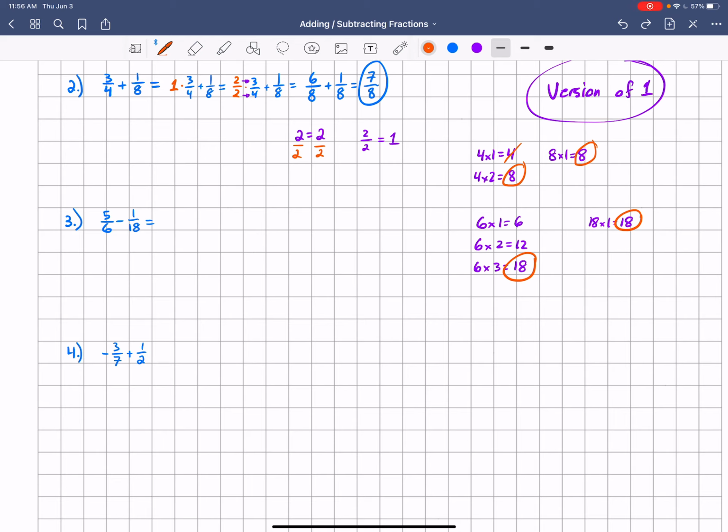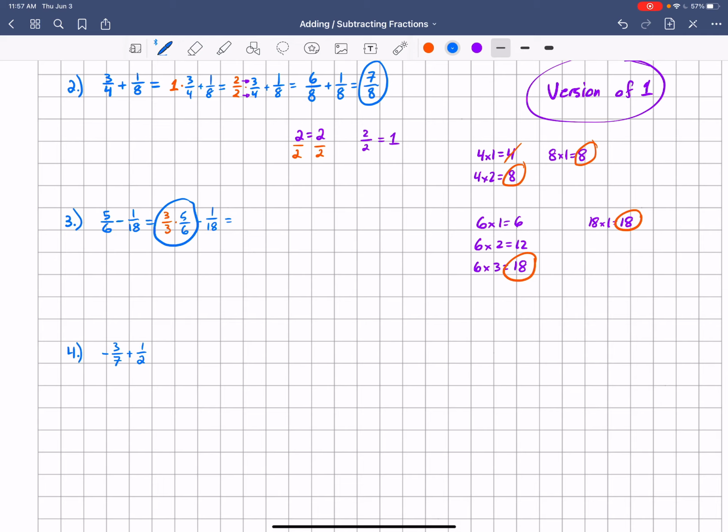And we're going to right away just write 3 divided by 3 times 5/6 minus. Now, since the common denominator is 18, and this fraction already has an 18 in the denominator, we're not going to change that denominator. So here we're just going to write 1/18.